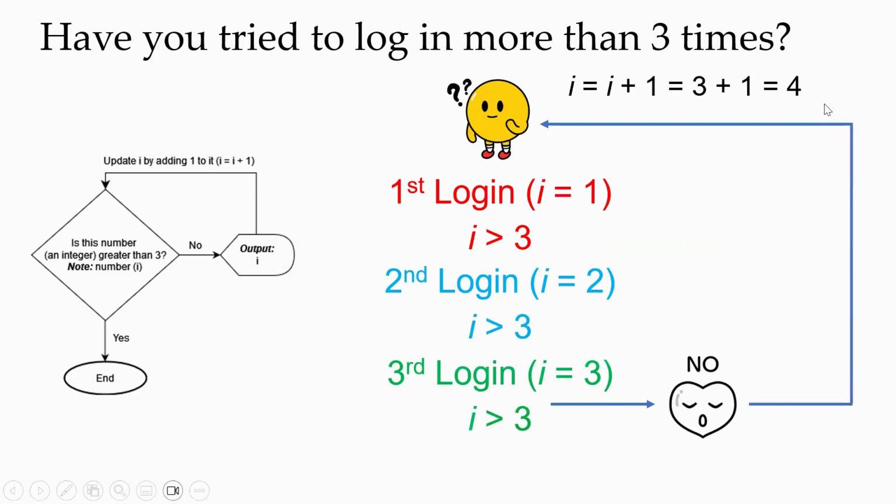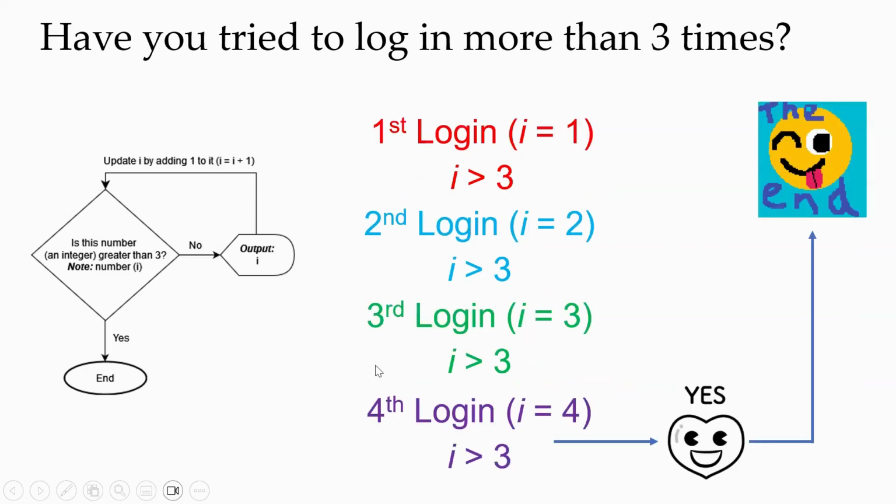Then it's quite obvious that we're now in the third login attempt. So third login, now my I is equal to 3. Is 3 greater than 3? The answer is still no. I'm going again into the loop here and I need to go through the counter. So now my I is equal to 3 plus 1. So my I is equal to 4.